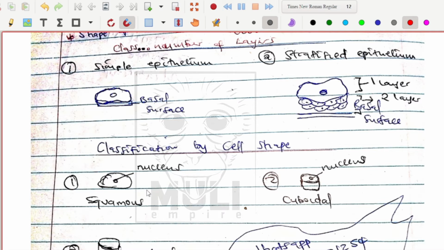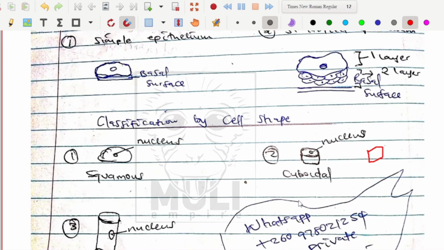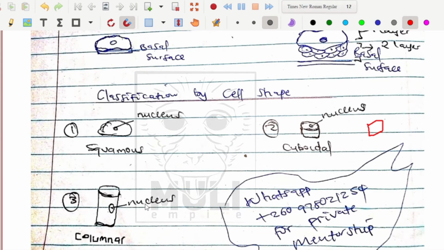Then looking at the shapes on their surface, the apex, if it is flat, it is squamous. If it is cube-like, whereby the width and the length are the same, it is cuboidal. But if the length and the width are not the same, it's called columnar, meaning that the length is longer than the width.